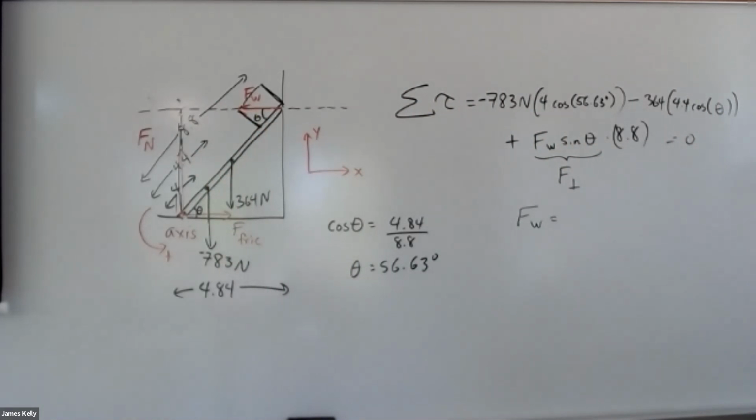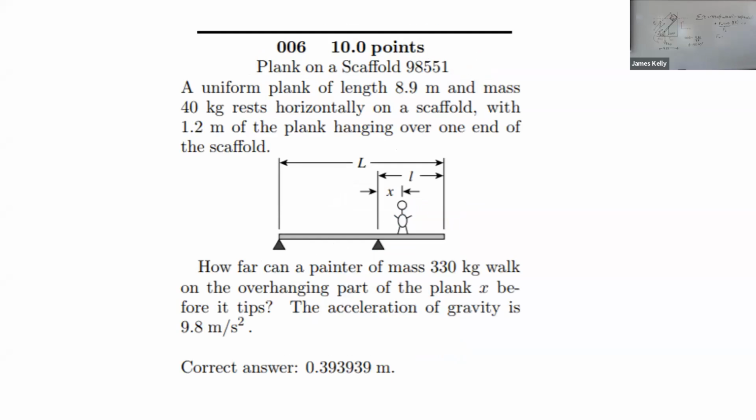Okay, let's do something a little bit different then. Here is a person that has a scaffold kind of thing with two supports. We're given the plank length, we're given the mass of the plank, and there's 1.2 meters hanging over the end of the scaffold.